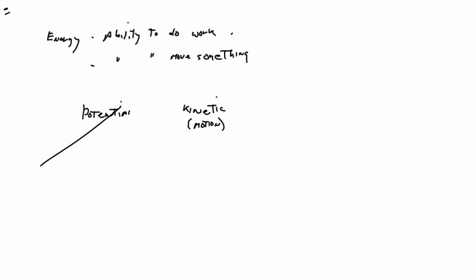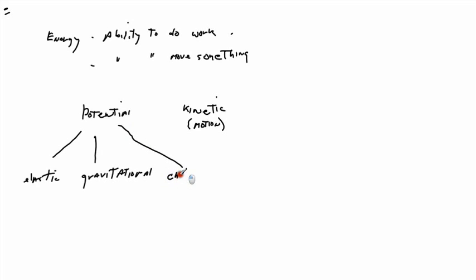There were different types: elastic, gravitational, and finally the last one was chemical, from my slideshow. Now we're not going to talk too much about chemicals. Let's get it out of the way quickly.